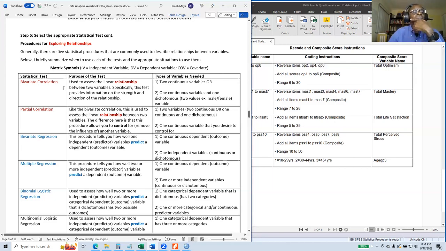So the first one says, bivariate correlation used to assess the linear relationship between two variables. Specifically, this test provides information on the strength and direction of relationship. And what do we need? We need at least 2 continuous variables or 1 continuous variable and 1 dichotomous variable. Dichotomous means it only has 2 options, right? So for example, male, female, tall, short, just only has 2 options.